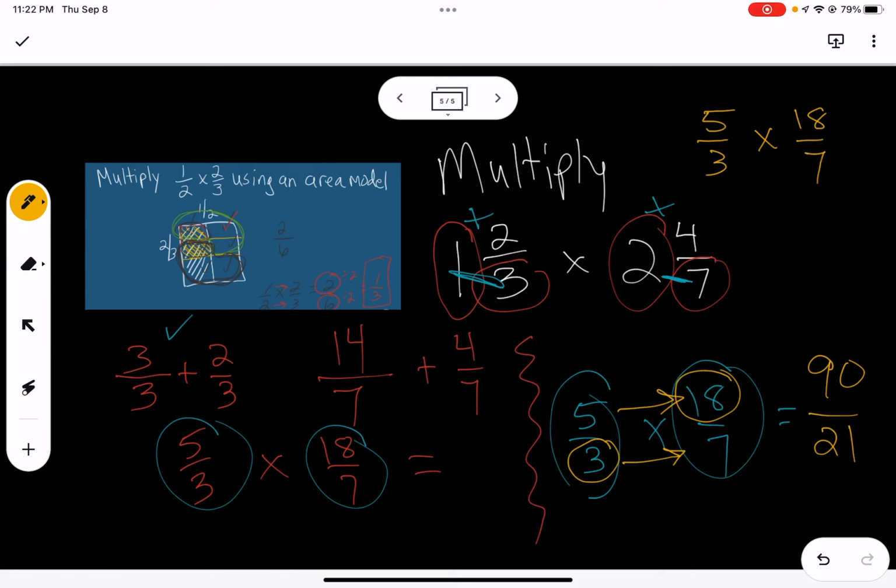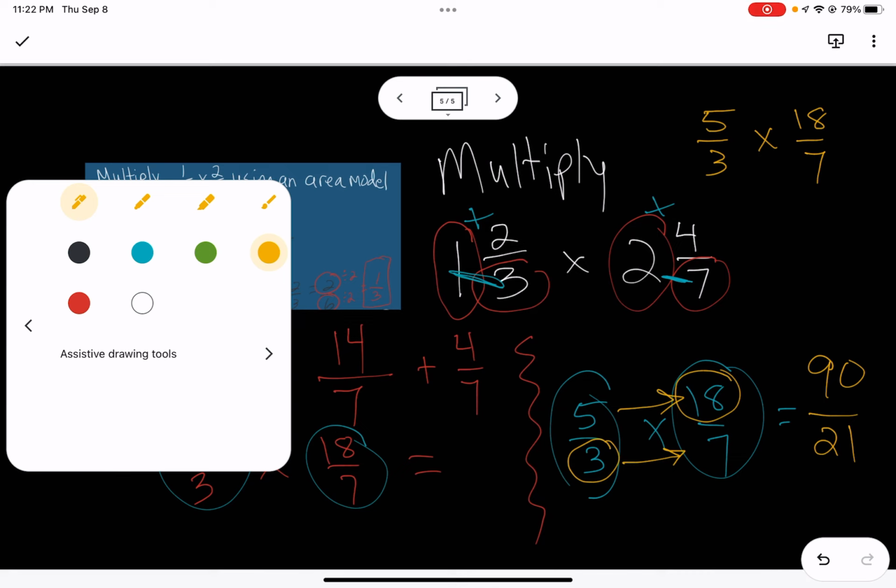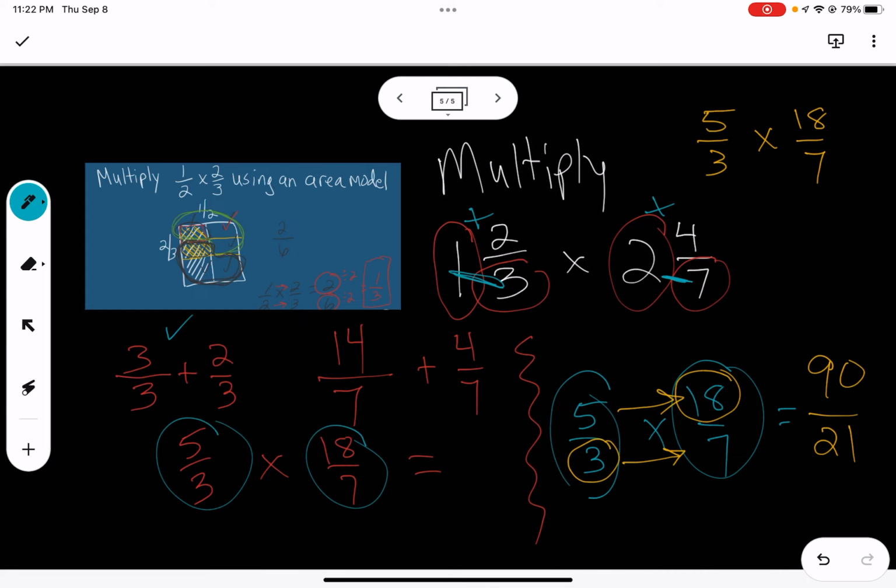What if we did something called cross simplifying, where we simplify ahead of time? 18 divided by 3 is 6, and 3 divided by 3 is 1. And now you can say 5 times 6 is 30, and 1 times 7 is 7.